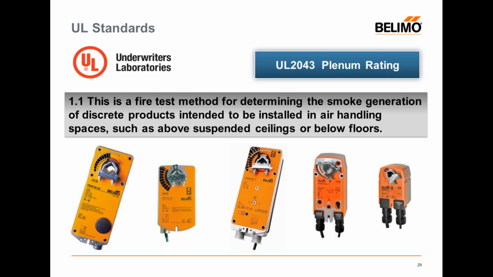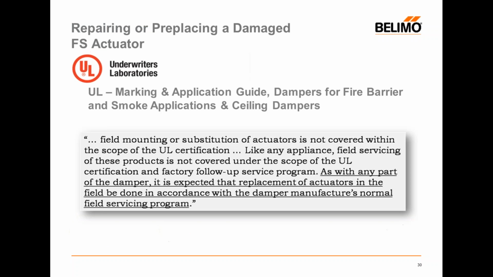All Belimo fire smoke damper actuators are UL 2043 rated for flame spread above ceilings and below floors. There are often questions about Underwriter's Laboratory and can or can I not replace a fire smoke damper actuator on an existing fire smoke damper assembly.